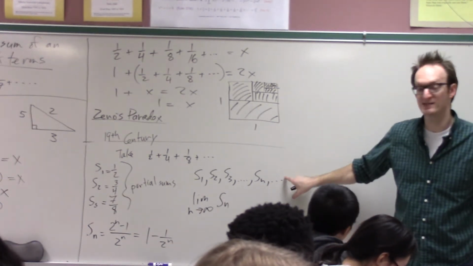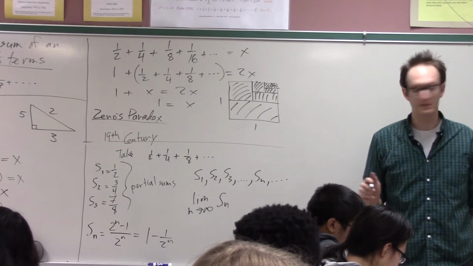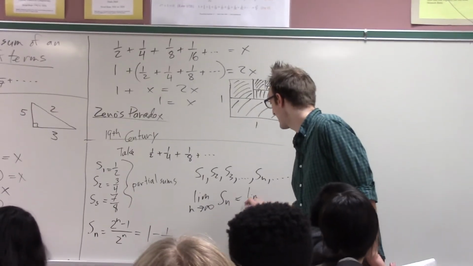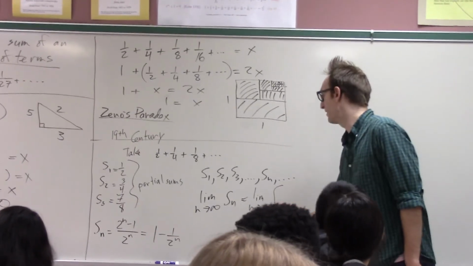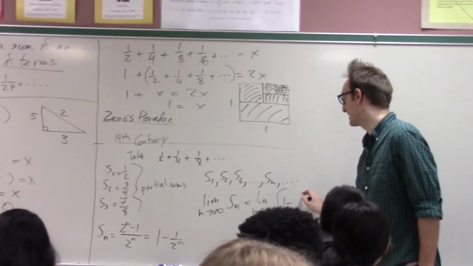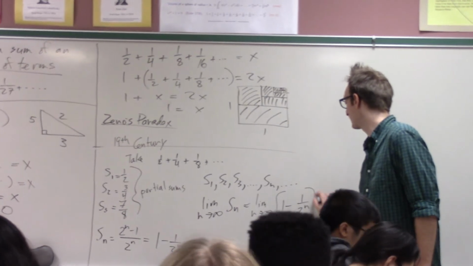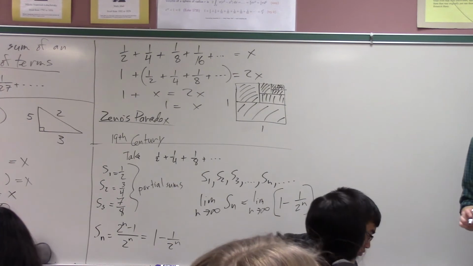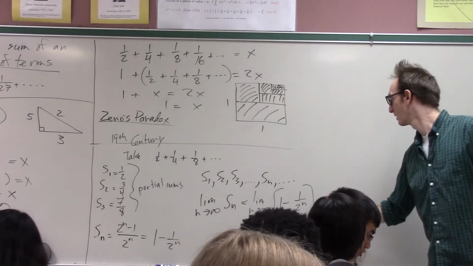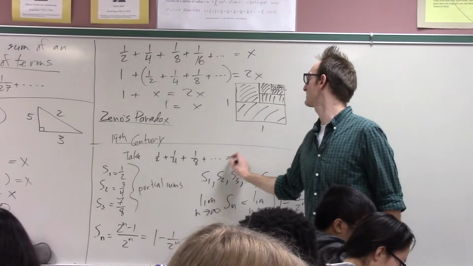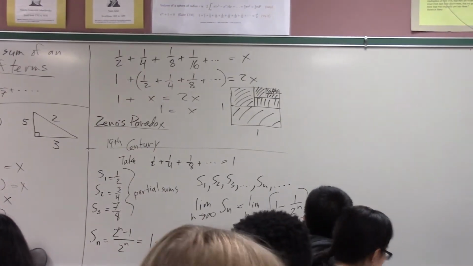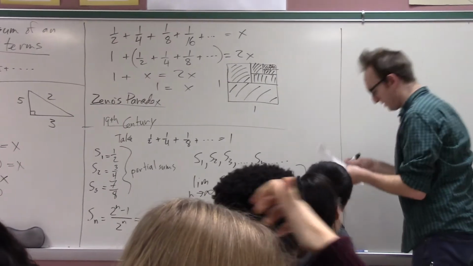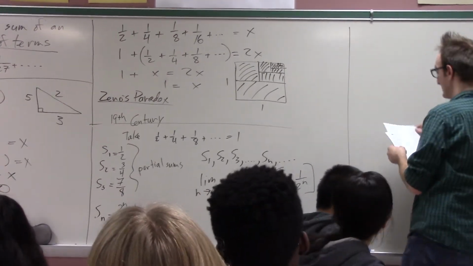If that sequence has a limit, then this exists. So what is the limit as n goes to infinity of S of n? Well, that would be the limit as n goes to infinity of the expression 1 minus 1 over 2 to the n. And what is that? That is 1. And so we say that this is 1. Follow?